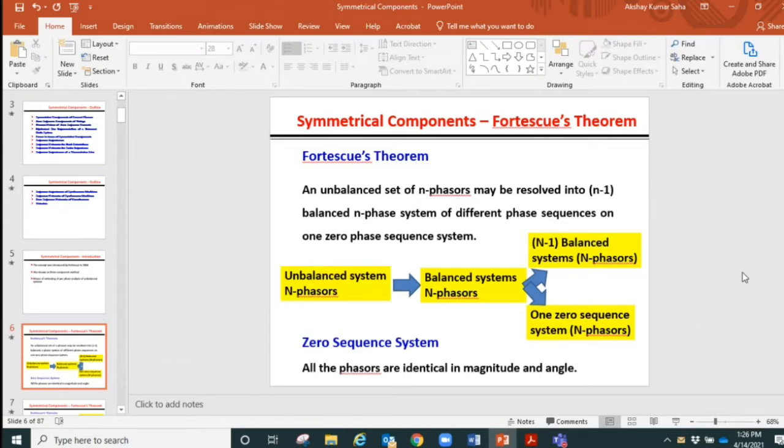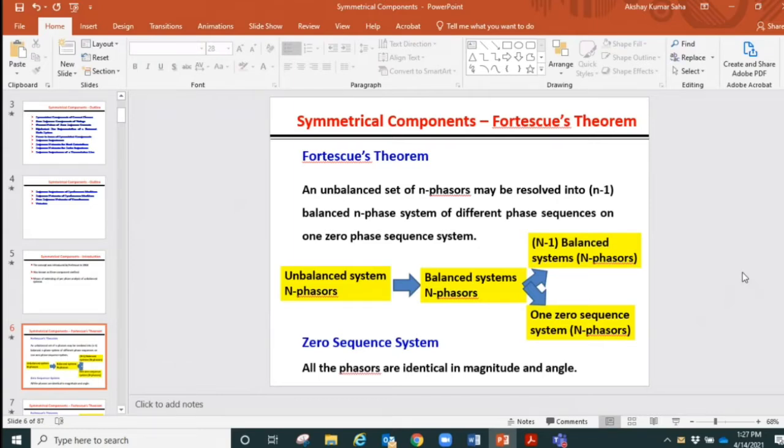So what it is saying in general, an unbalanced set of n phasors can be resolved into n minus 1 balanced sets of phasors of different phase sequences, and one zero phase sequence.